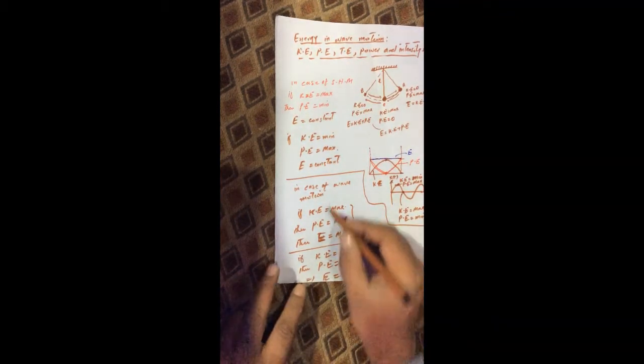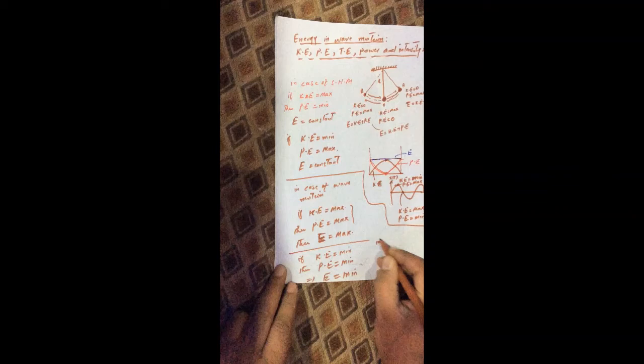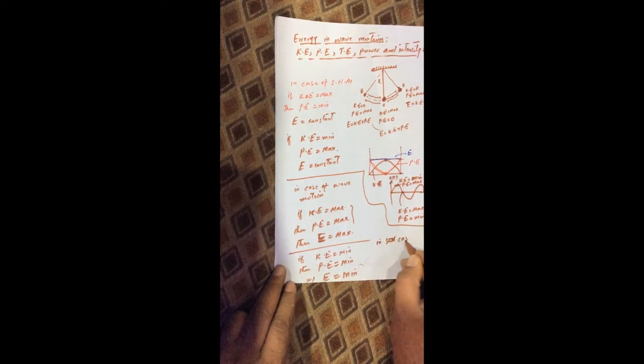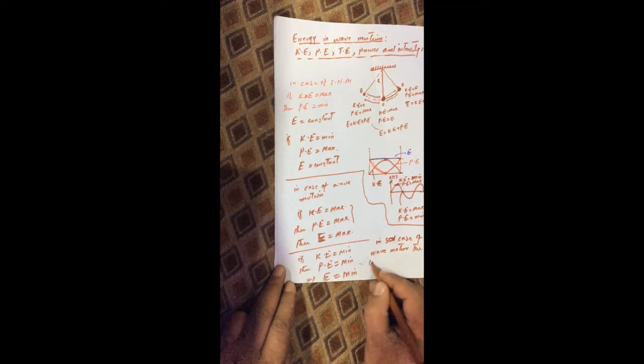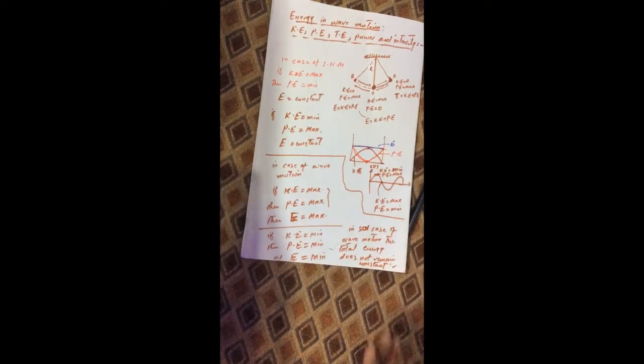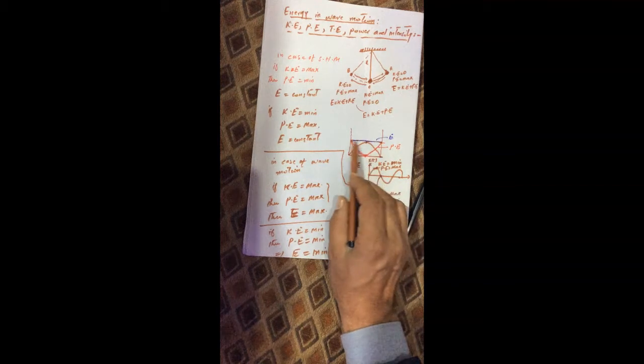In case of wave motion, the total energy does not remain constant, while in simple harmonic motion total energy is always constant at every point.